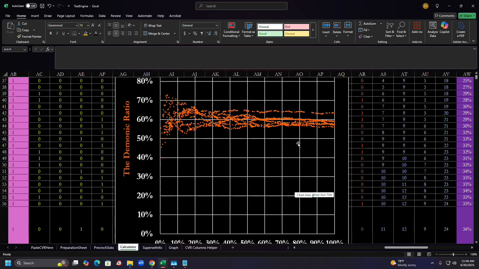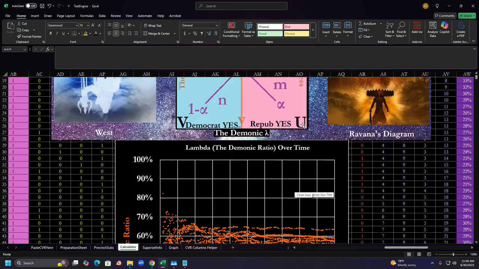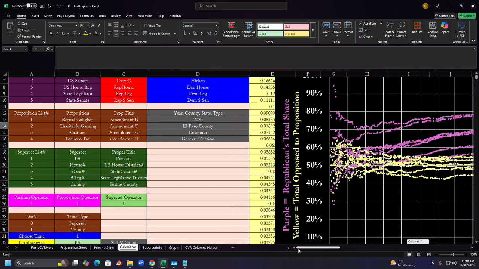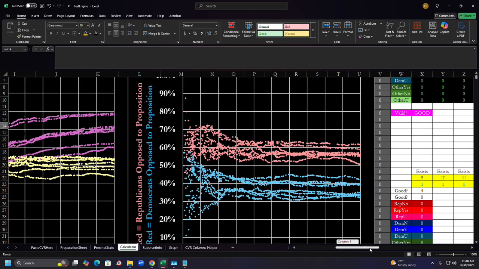And he who controls this orange ratio across the legislative districts, together with the purple ratio, which is Trump's total share, and the beige ratio, which is the total share of the no vote, controls the entire election.